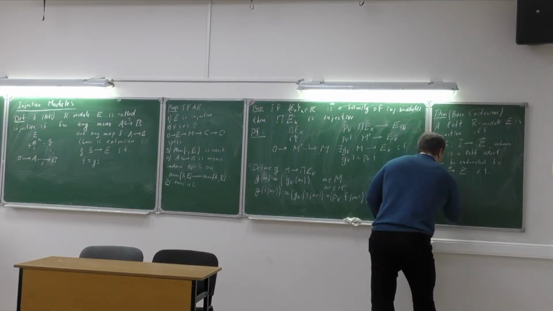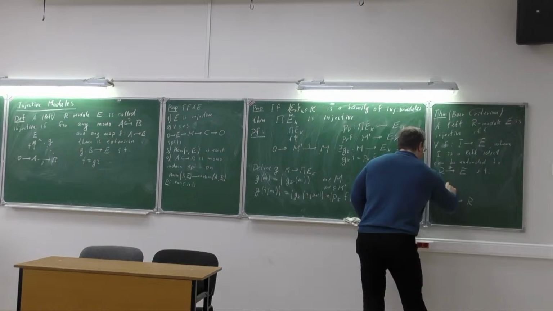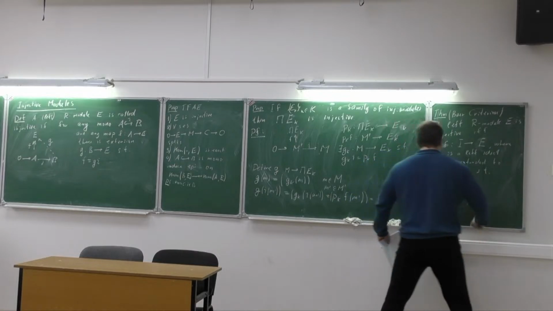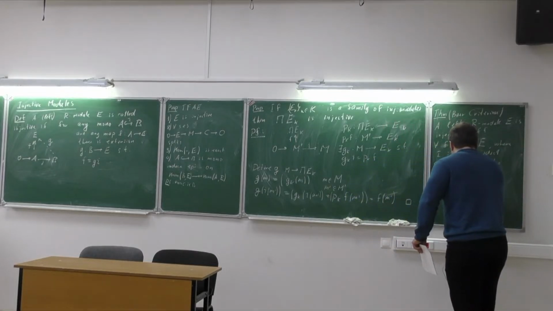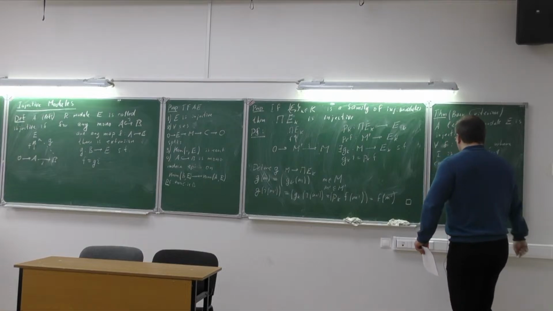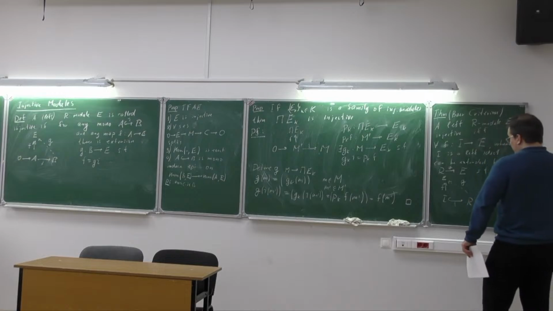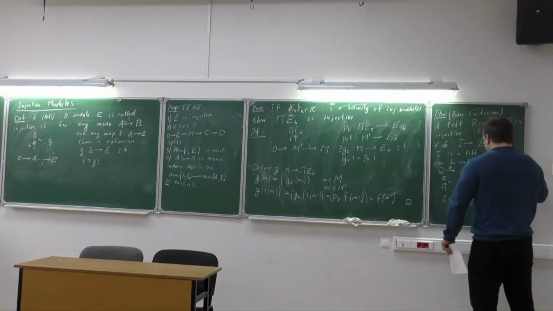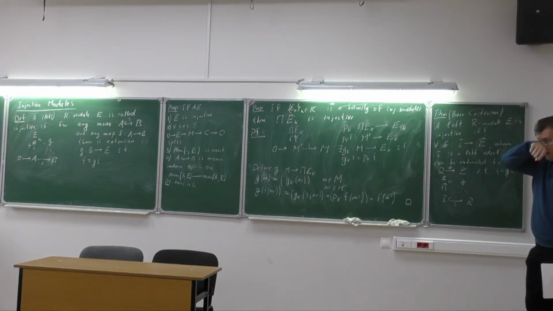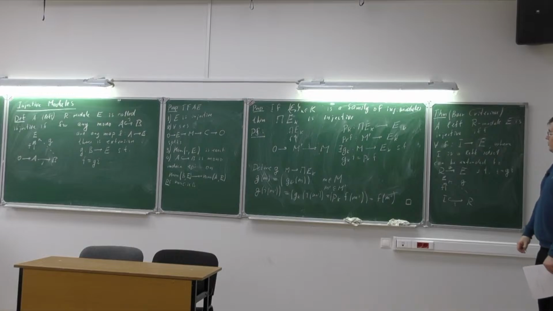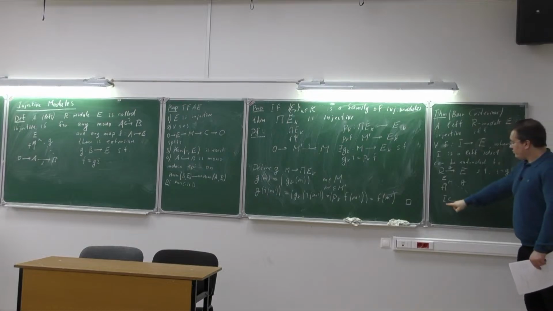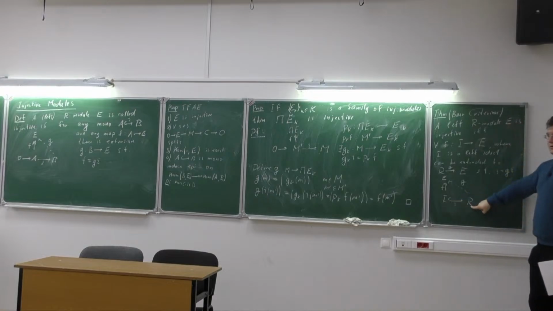So I have the ideal, which is embedded into the ring by the embedding I. From the ideal there is a map F into E, and then there is this extension which I call G, such that F is equal to G I. So what you see from this theorem is that if you want to check injectivity of the module E, it's enough to use only ideals of the ring itself.